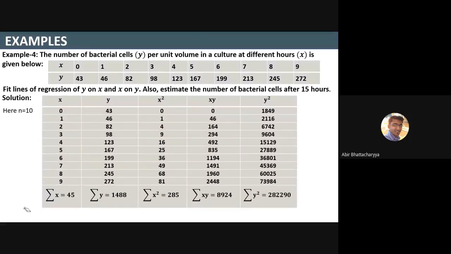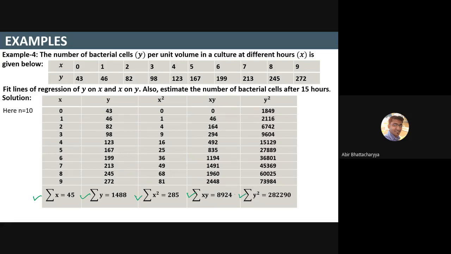At last, y square: take the square of each y term. Once you're done, go for the sum of x, sum of y, sum of x square, sum of xy, sum of y square.